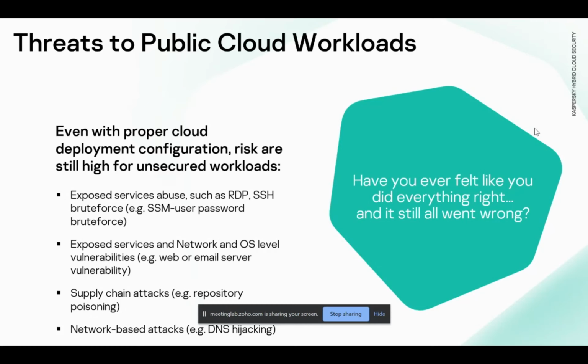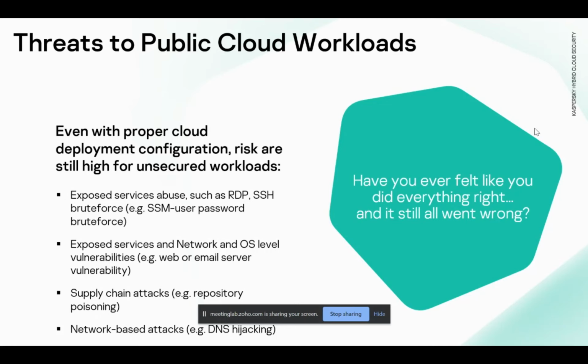So for these cloud workloads, there is a constant threat of brute force attacks on RDP and SSH ports. Simply spinning up a VM and enabling the public IP for RDP and SSH, you might be under the threat of a brute force attack.